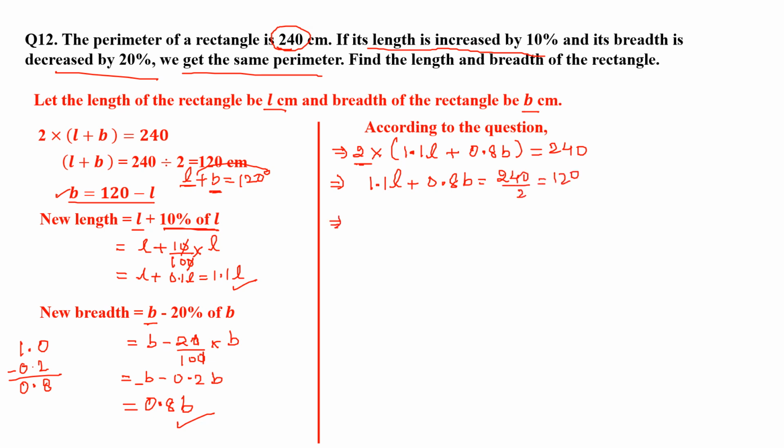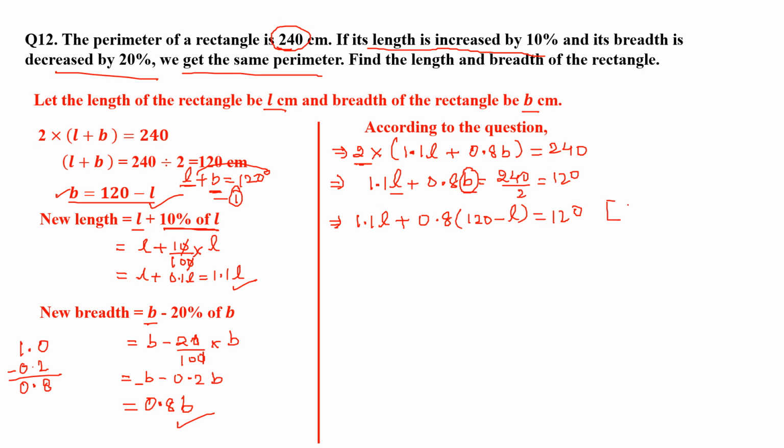Now, as I already said, here there are two variables, isn't it? You have to solve using one variable only. So in place of B, now I'm going to put this value 120 minus L. This we can number it 1. So now I am going to replace this B with 120 minus L, and that is equal to 120, which I got after dividing 240 by 2.